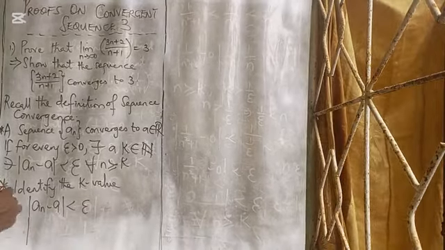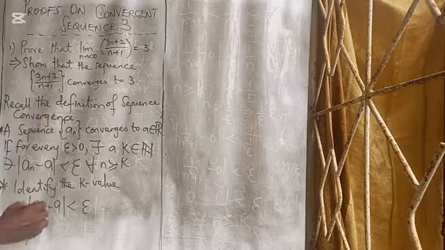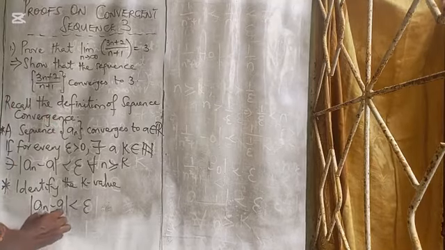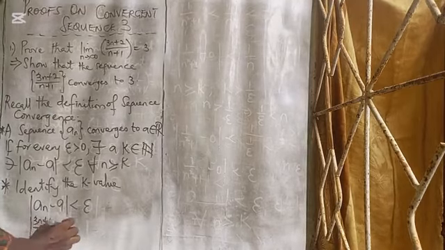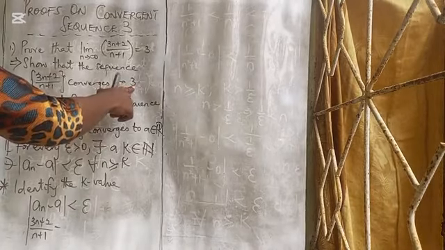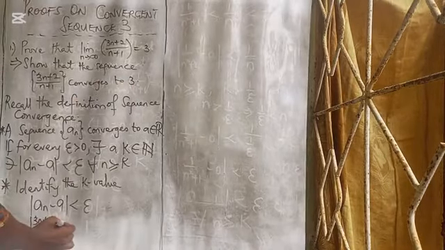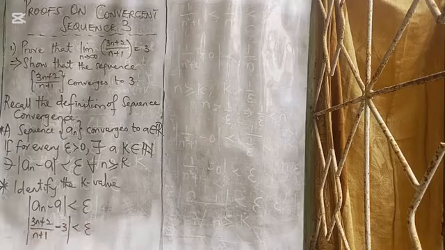And that gives me what? The absolute value of our sequence a_n, that's 3n plus 2 over n plus 1, minus where it converges to, that's the real number it converges to, which is 3, to be less than epsilon.